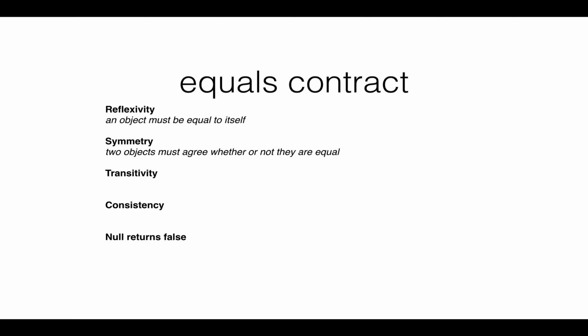If you have a car class and a BMW class, which is extending the car class, it could happen that your BMW is equal to a car, but the same car is not equal to the BMW, as every BMW is a car, but not every car is a BMW. So you see, the symmetry rule can actually lead to some nasty problems.